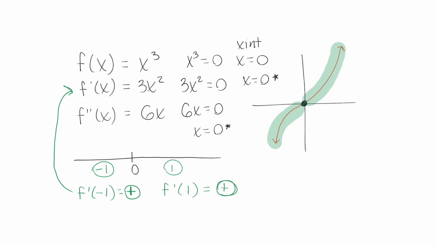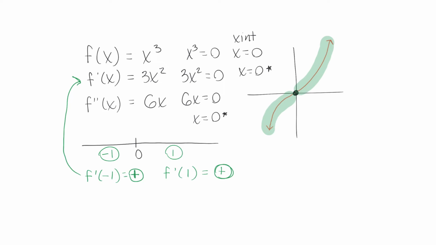Now we're going to use our second derivative, and we're going to say f double prime of -1. Now I'm going to plug it into my second derivative. 6 times -1 is negative, which means this is going to be concave down on that side of 0.